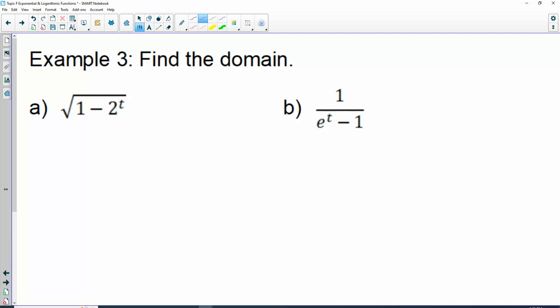Alright, if you have a square root, what do we know about the thing under a square root? Okay. What would you do now?